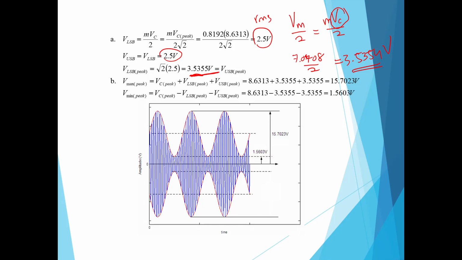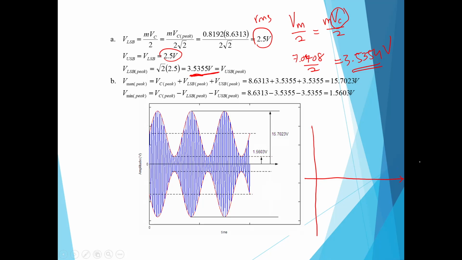So in order to draw the AM waveform, I can try to draw here. Actually, last week I already taught you how to draw the AM waveform.